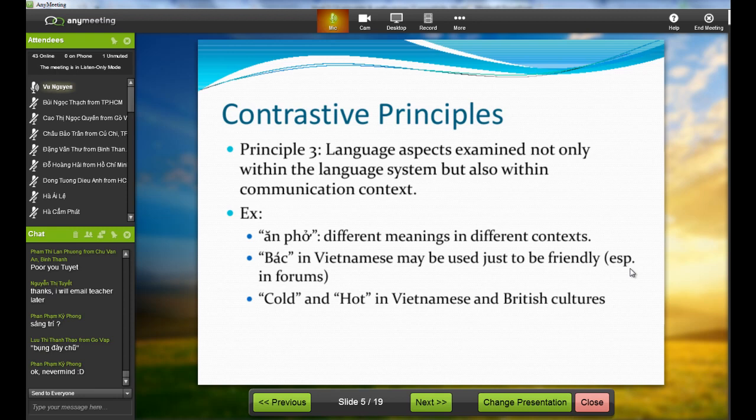But if we put this in the context of differences in culture, we see that in England there are four different seasons, and the best season of the year is summer. Even though we call it summer, it is actually cold by Vietnamese standards.